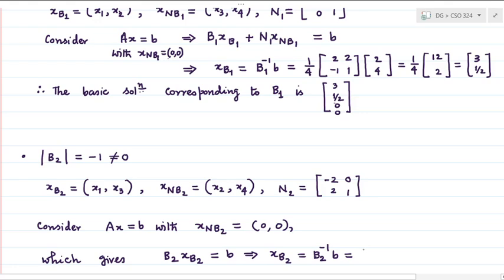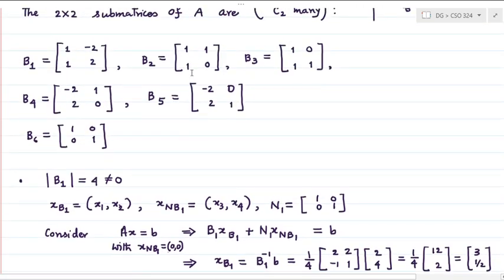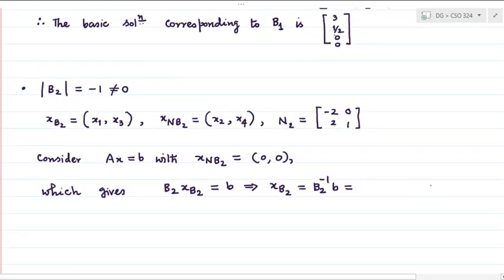B2 inverse is how much? What is the matrix B2? B2 is the matrix 1 0 0 1. So 0 and 1 will be interchanged, minus 1 minus 1. So 0 1, 0 1 minus 1 minus 1 divided by the determinant, 1 divided by minus 1, into 2 4. Fine. And this will now give us minus 1 into minus 4, so 4, minus 2, so 4 2.